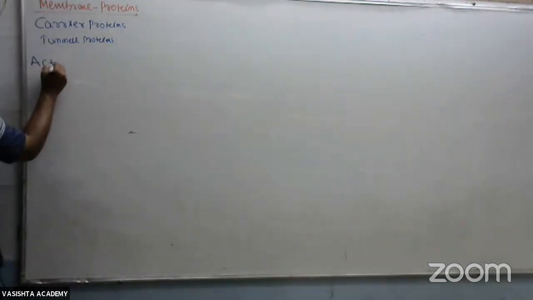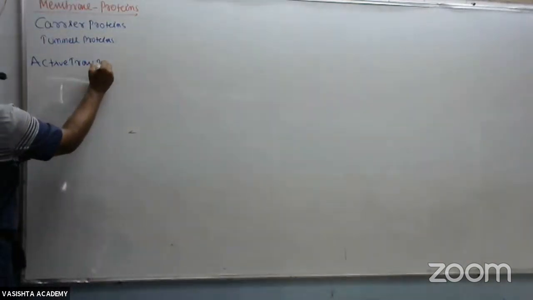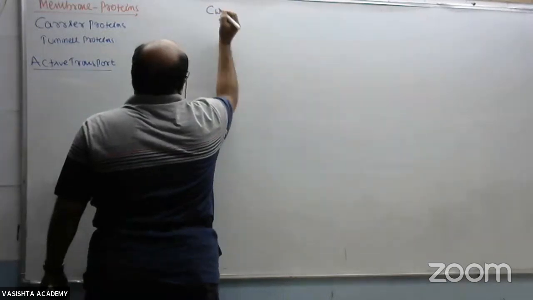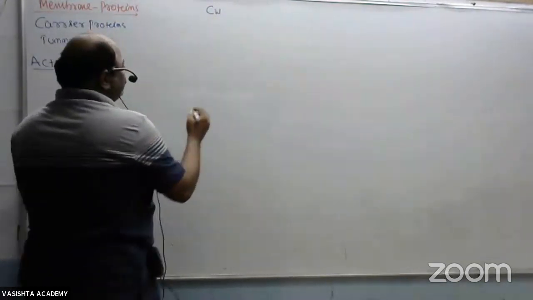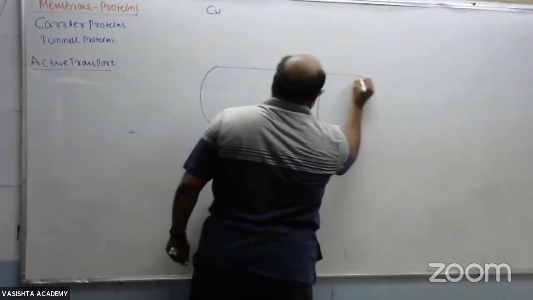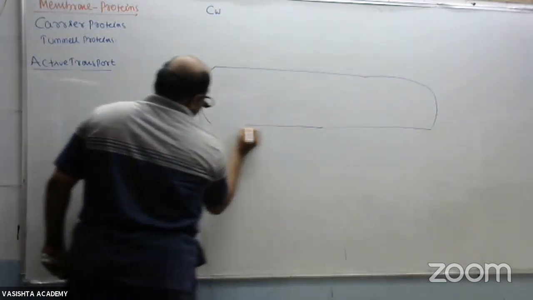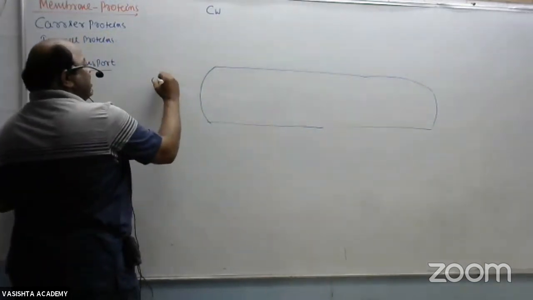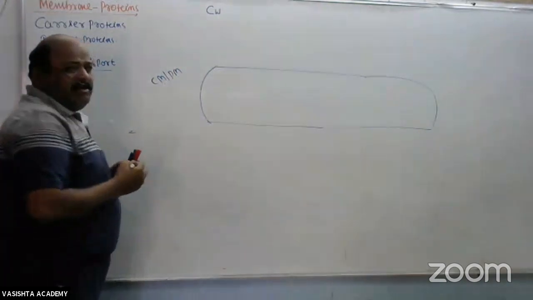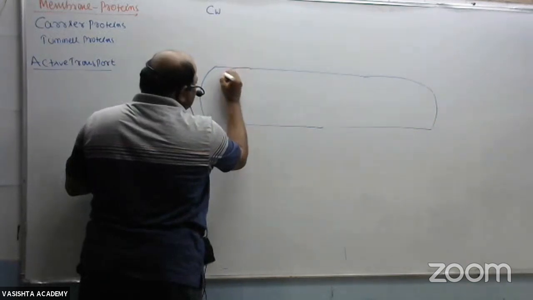So during active transport, this is a cell wall. This is a cell membrane or plasma membrane. These are the proteins present in the plasma membrane.